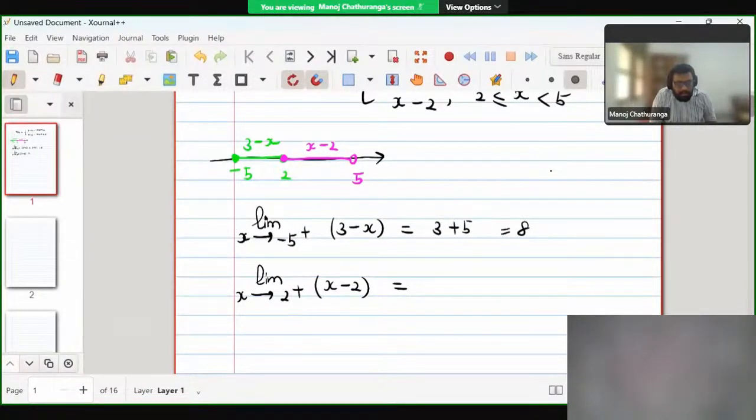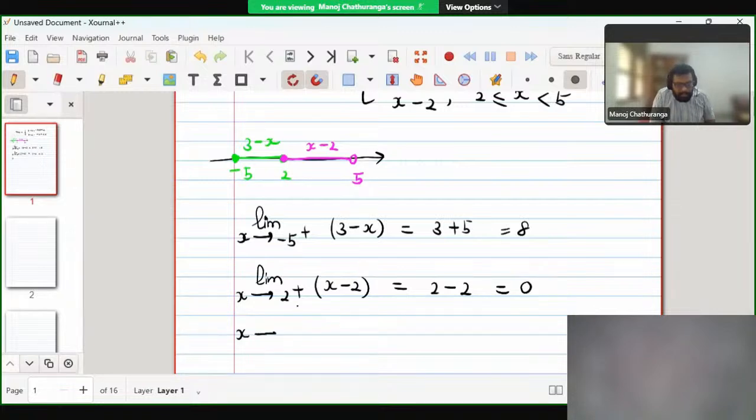So when you substitute 2, what do you get? You get 2 minus 2. The function limit is 0.